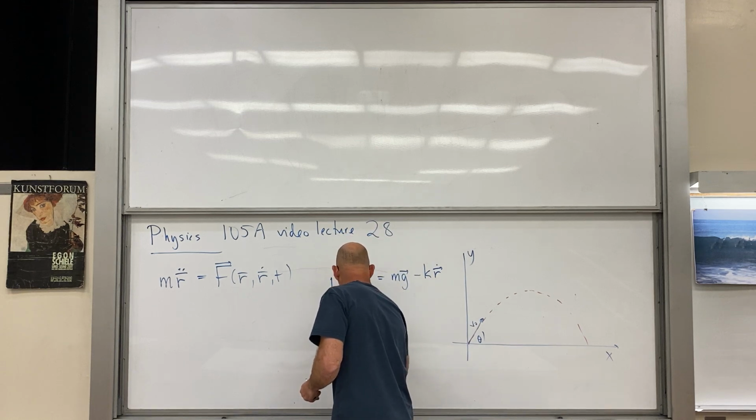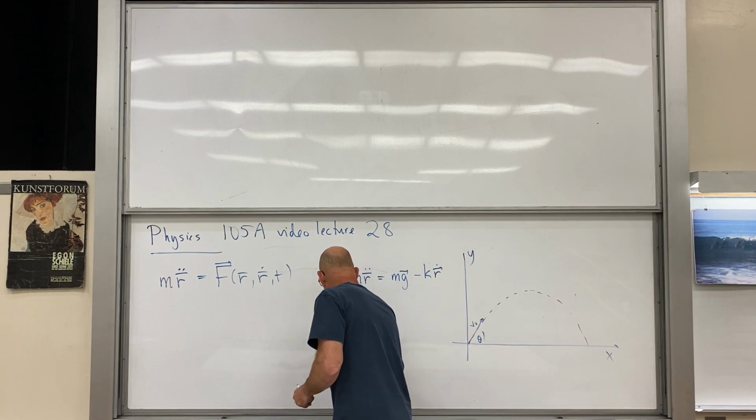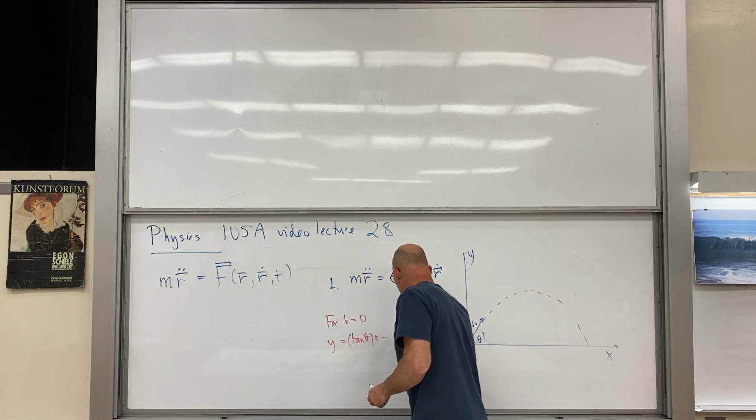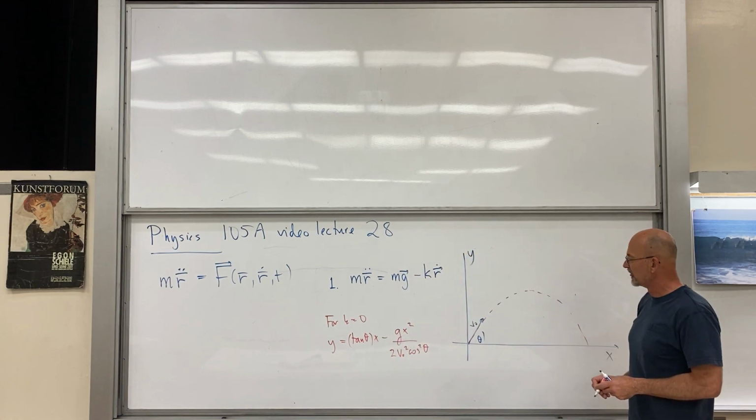So for k equals 0 and these initial conditions, y would be equal to tangent of theta times x minus g x squared over 2 v0 squared cosine squared theta. Right, so that's that famous result.